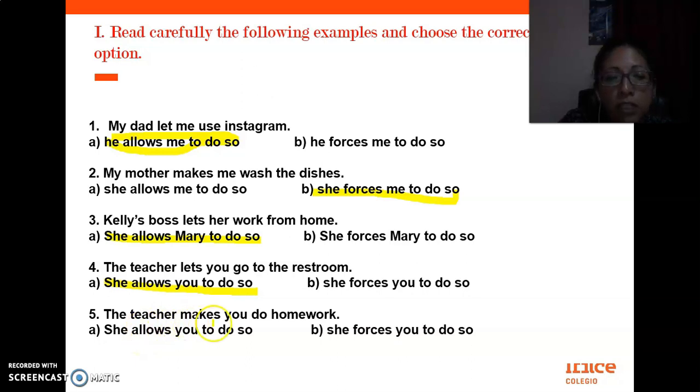The teacher makes you do homework. That means she allows you to do so, or she forces you to do so. Makes. That's right. She forces you to do so.